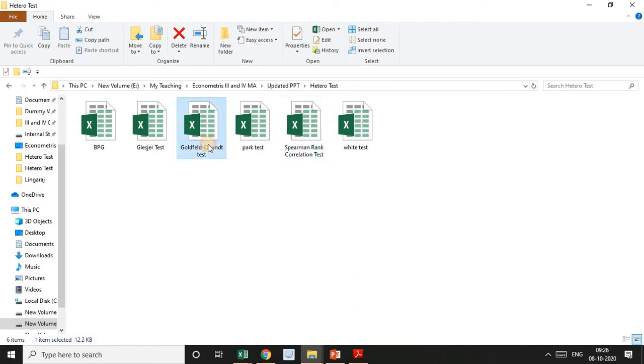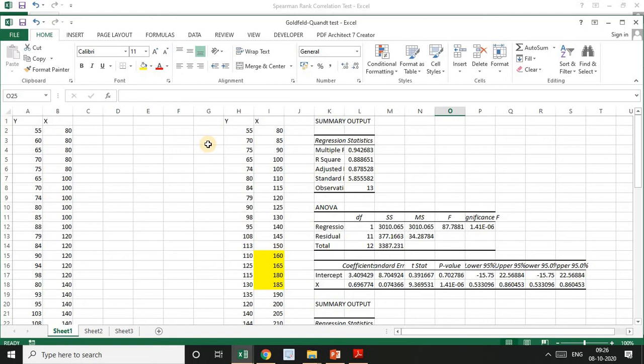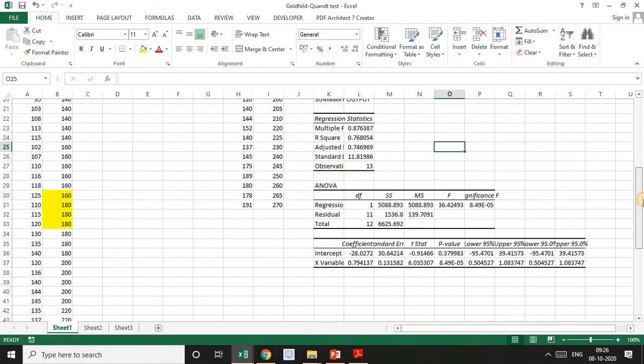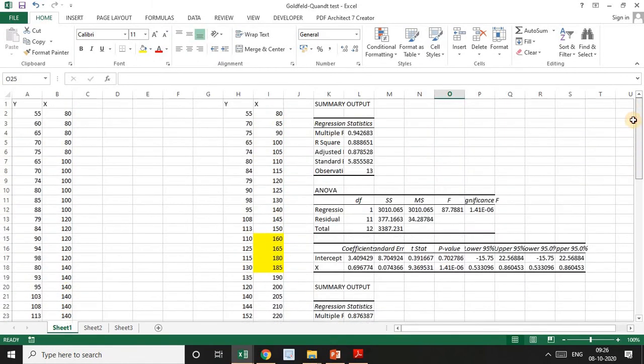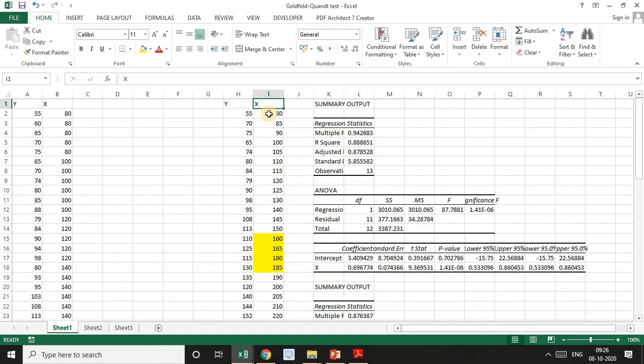Let me take the test. Now you look at these values. This is y and this is x. Here this xi is already arranged in ascending order, so there is no need to convert it.